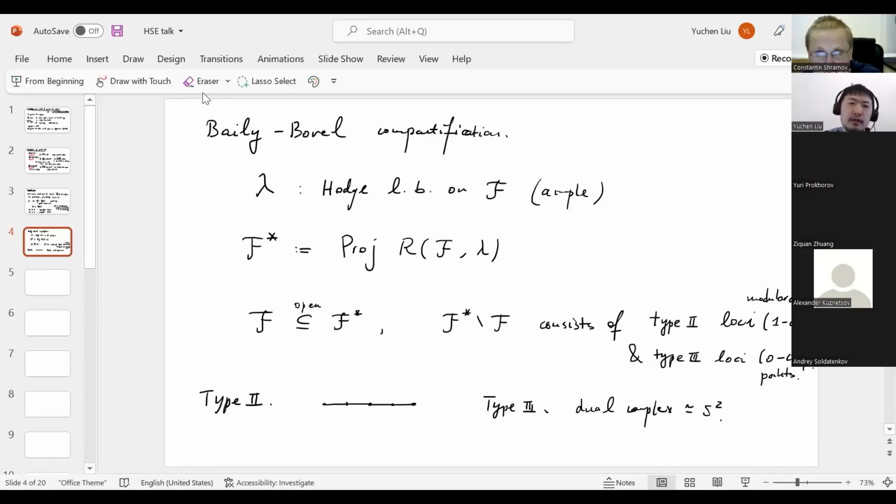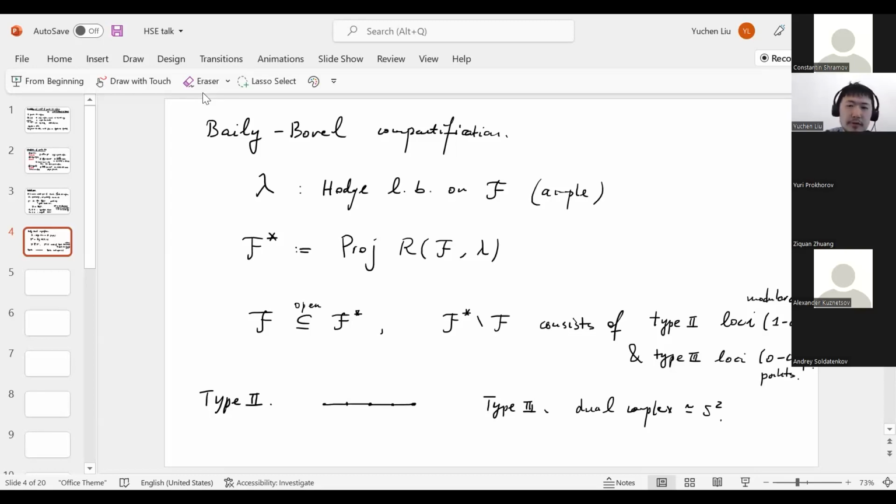So for quartics, there's a classification of type 2 and type 3. I forgot the actual people who developed this, but there's some paper in the 80s or early 90s that describes everything.